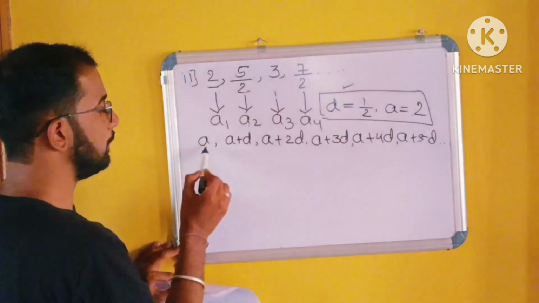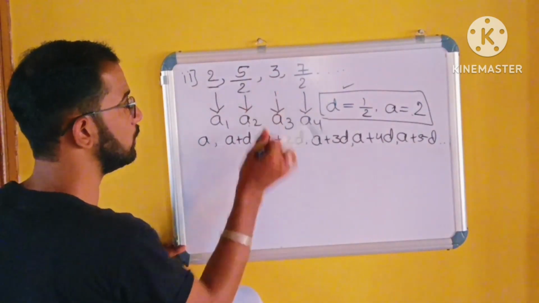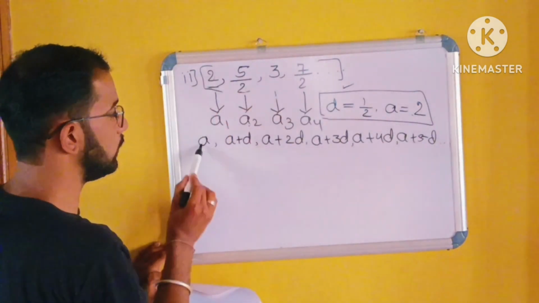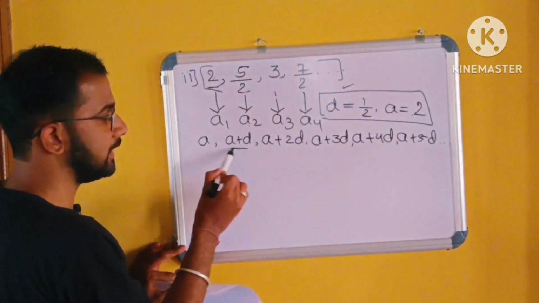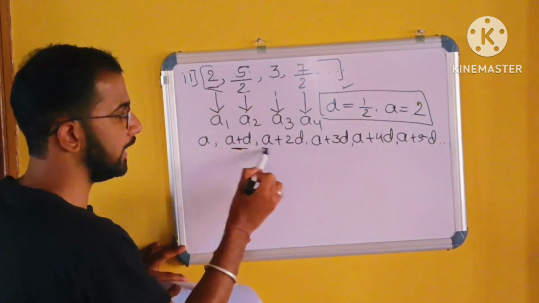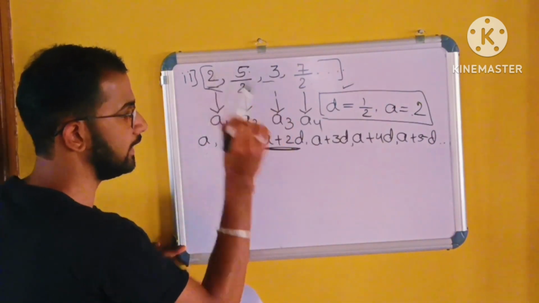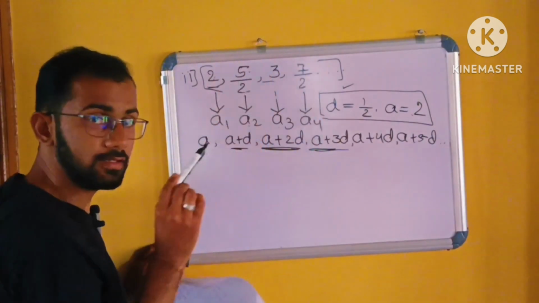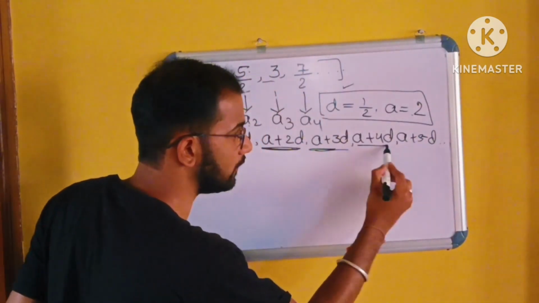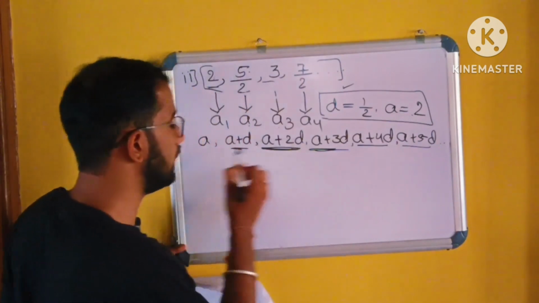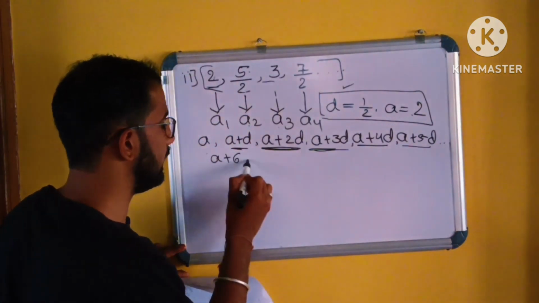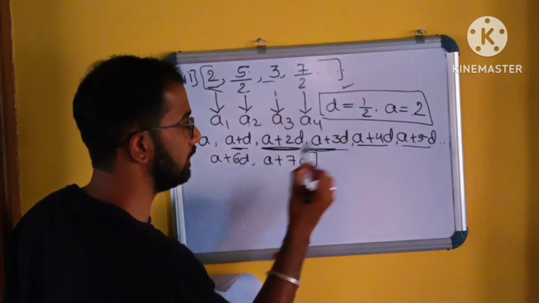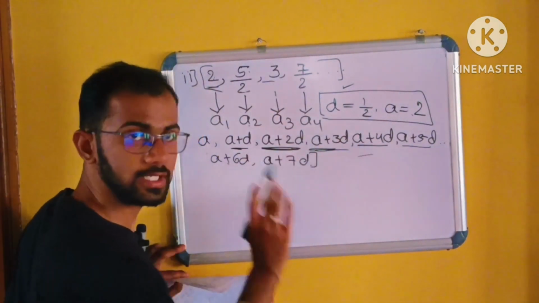See here, if you compare these two, here A is 2, A plus D is 5 by 2, A plus 2D is 3, A plus 3D is 7 by 2. Then we need to find out A plus 4D, A plus 5D, A plus 6D and A plus 7D. We need to find out these four terms.